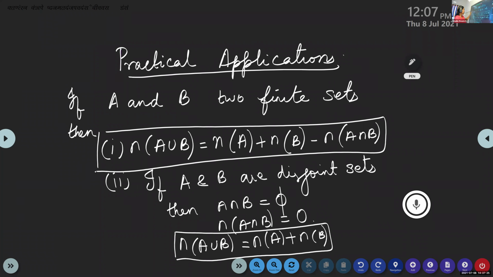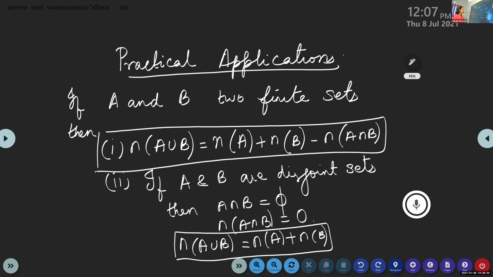Write down: if A and B are two finite sets, then n of A union B is equal to n of A plus n of B minus n of A intersection B. Again, the second one: if A and B are disjoint sets, then A intersection B is the empty set.